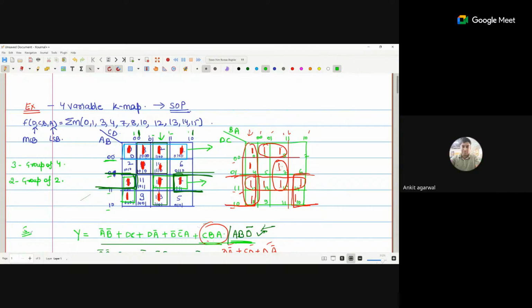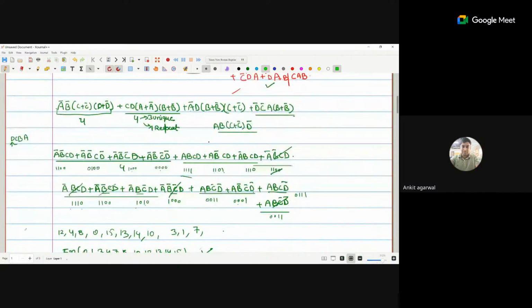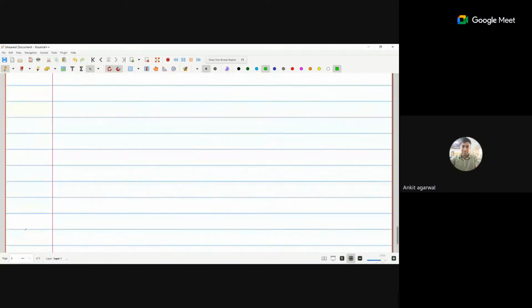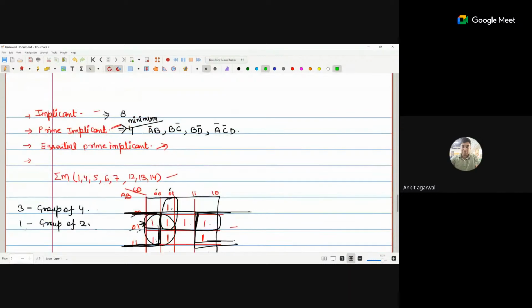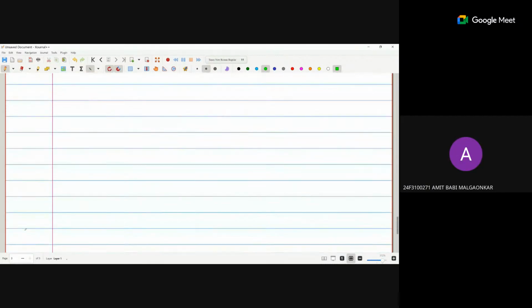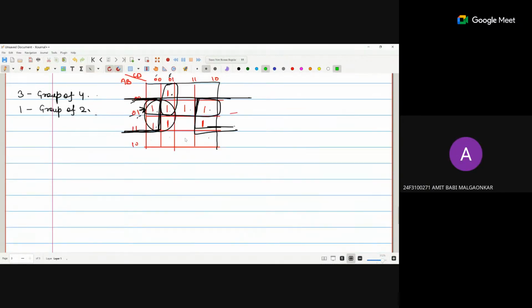Either we consider this one or this one; we can consider only one. So the number of prime implicants is five. The number remains the same even if the particular term changes. In the GATE examination, they only ask how many terms there are. Okay, sir.